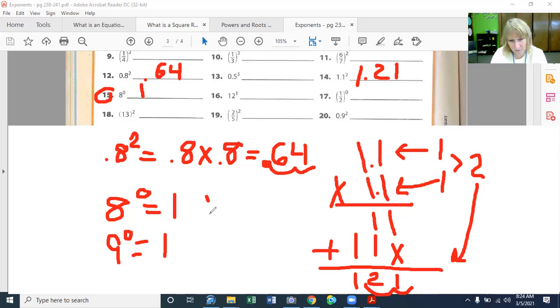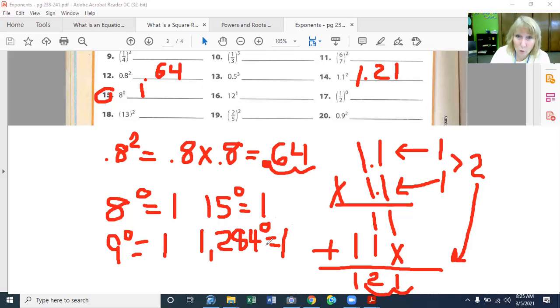What if I had 15 to the 0 power? That equals 1. Okay, hard one. What if I had 1,284 to the 0 power? What is that going to equal? 1. Any number to the 0 power always equals 1.